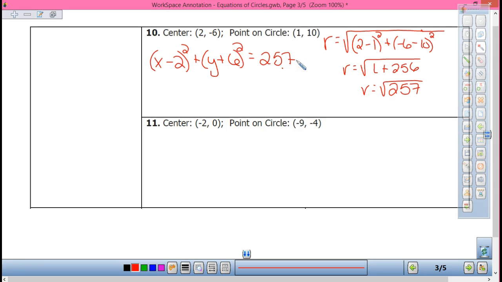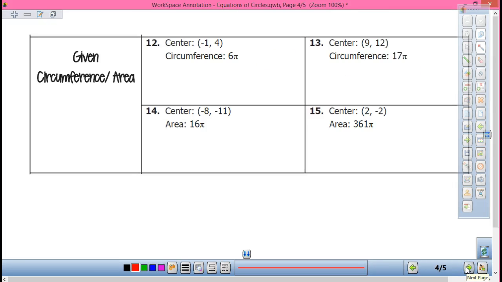Right? And like I said, this is the hardest part by far, finding the distance. Because it's giving me the circumference, and I need to find the radius. Well, circumference, 6 pi, equals, how do I find the circumference? What's my formula for circumference? 2 pi r. So 6 pi equals 2 pi r. Well, what's hooked onto my r? 2 pi is hooked on.